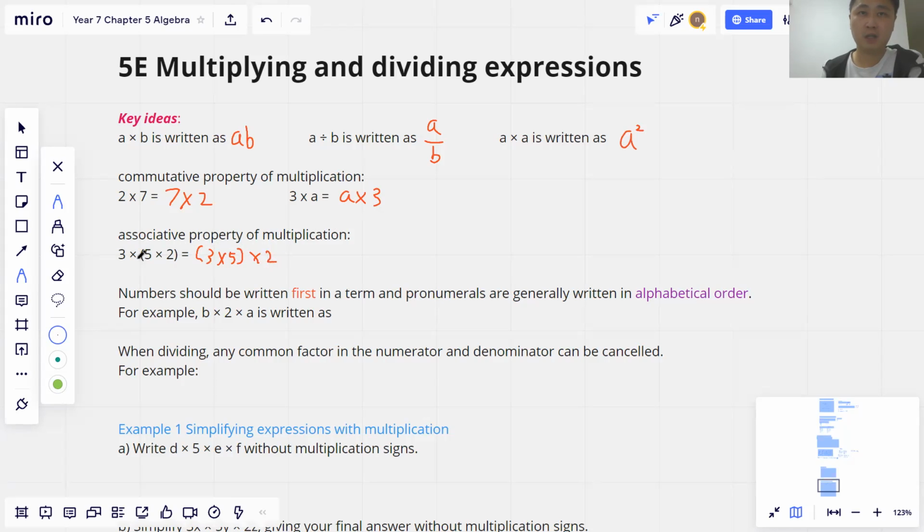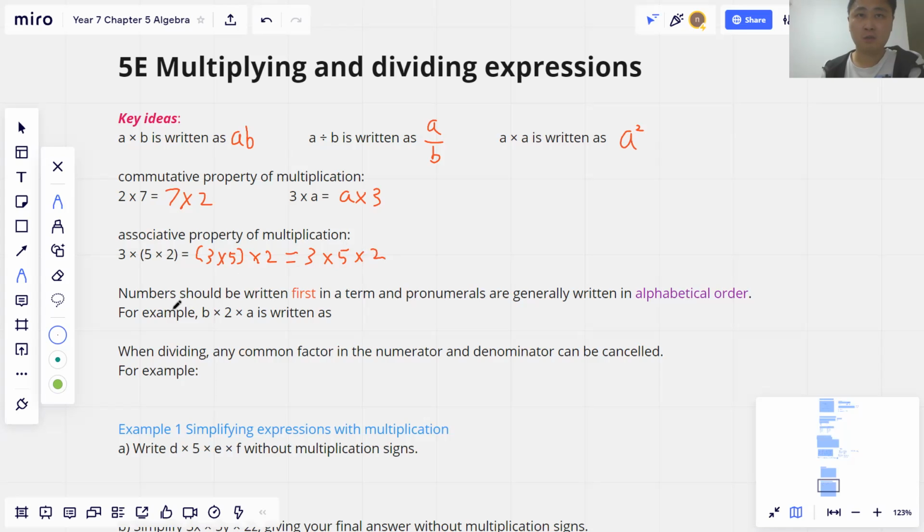When we only have multiplication, the bracket does not matter. You can write the bracket or write without it. It will not influence your outcome. It all equals 3 times 5 times 2, so the answer will not change.